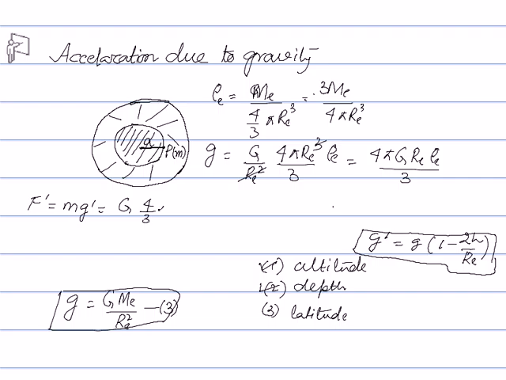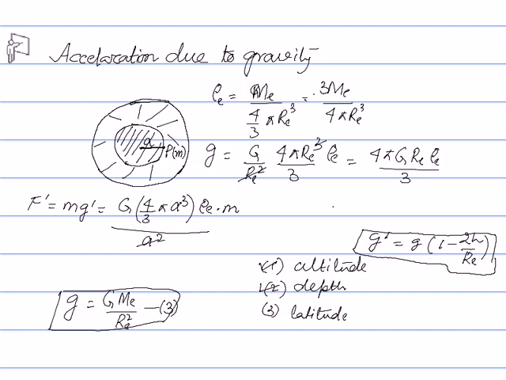Volume is 4 by 3 pi a cubed, into density, and the density of Earth is rho_e.